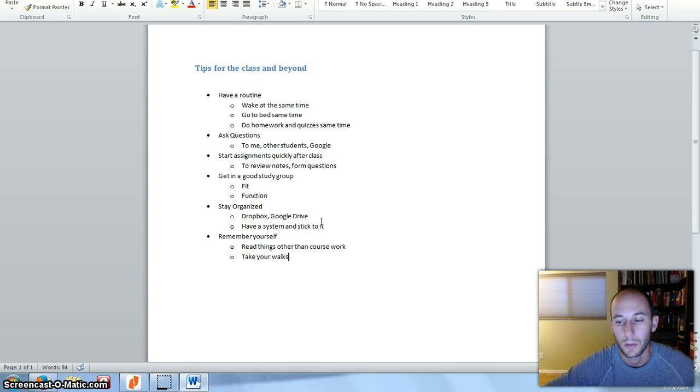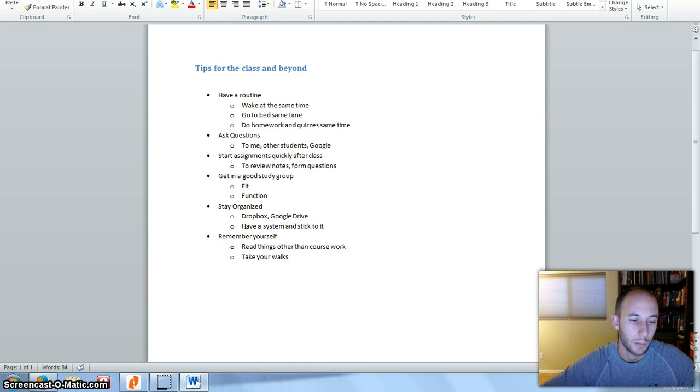Save it on one computer at your house. You can save it in the Dropbox folder, and it'll upload to your account. And while you're at school, you can just log into the Dropbox website, look at that material, and have it all in one place and ready to go. So you're not searching around all over for this file at this house, and then I put it over here, and then this I have to go over here. Nope, everything's right there ready for you to go. Biggest thing is have that system and stick to it and keep it up to date.